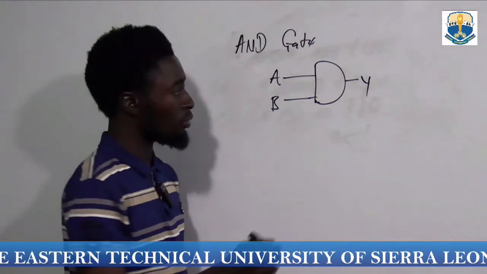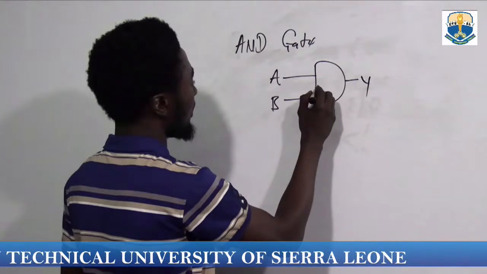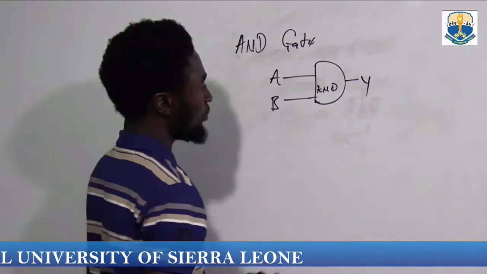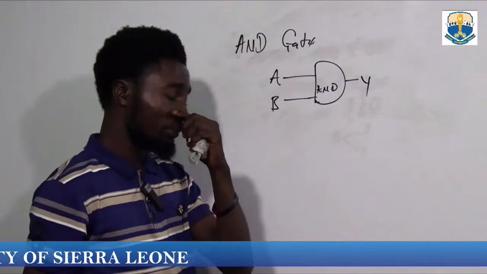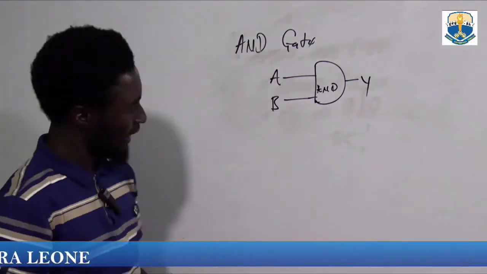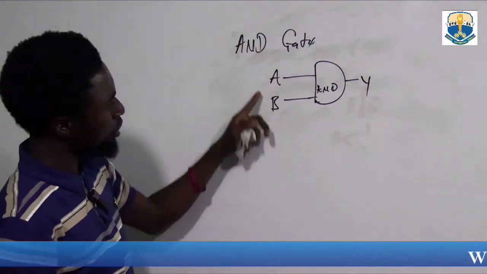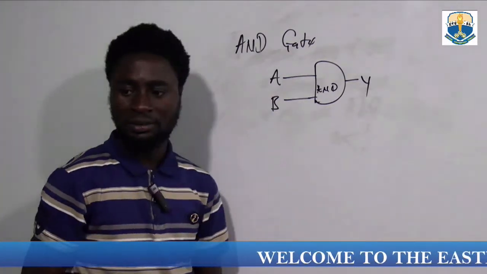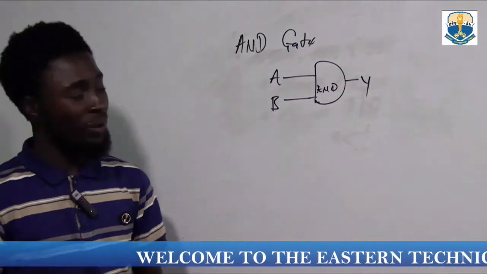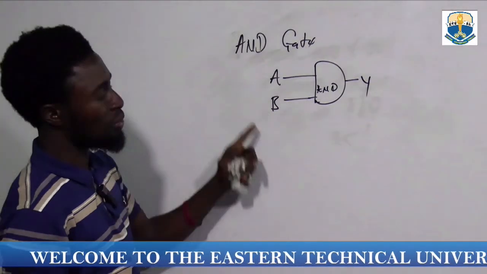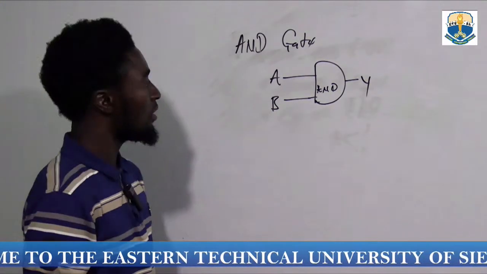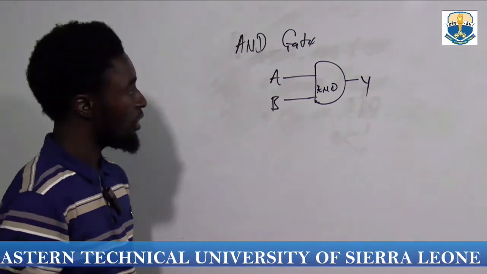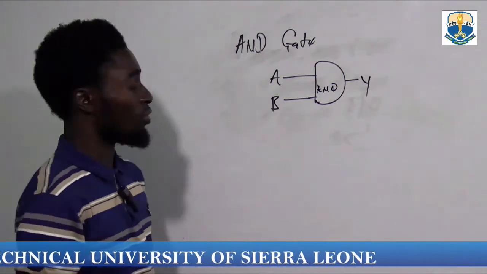So we have AND here. This is our AND gate. Basically we have 2 inputs here, input A and input B. We are expecting each input to be in one of the 2 binary conditions.